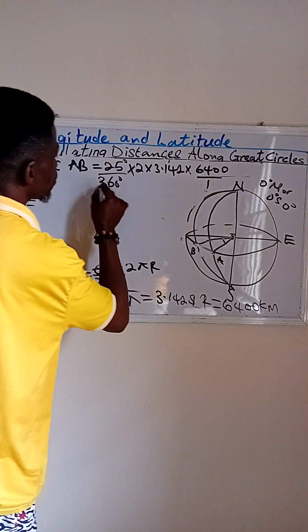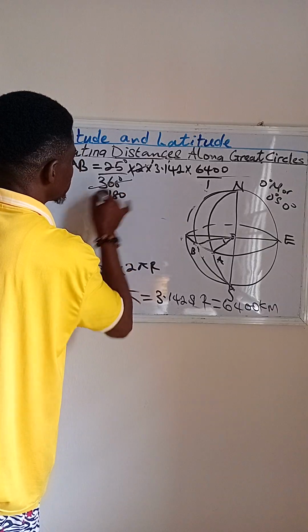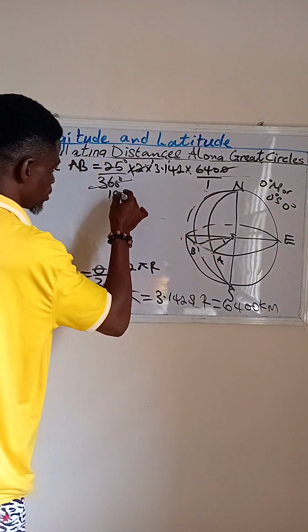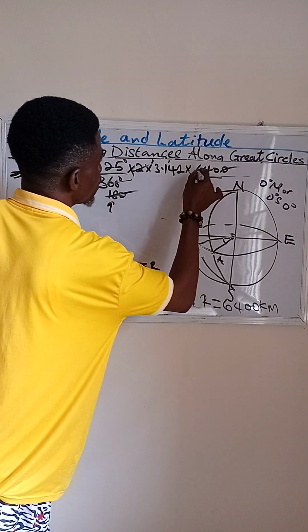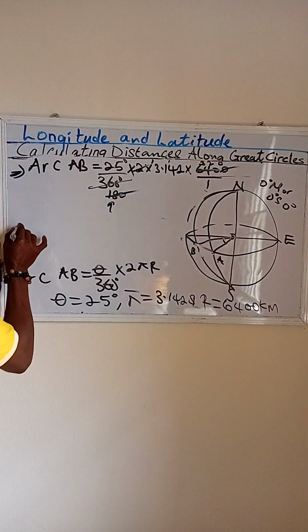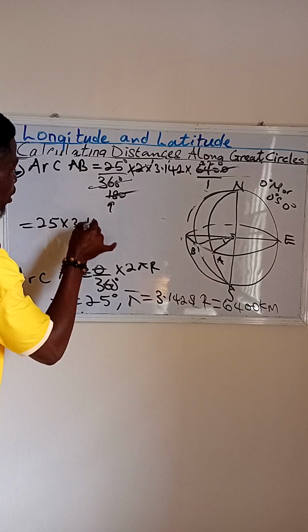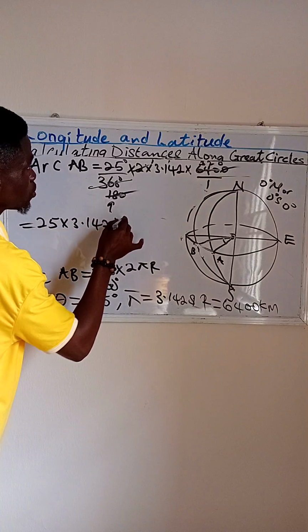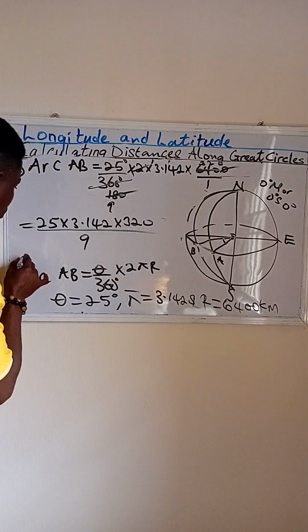Okay, so something can go in this one. This is 1, this is 180. Then the 0 will go here and here. 2 here will be 9. 2 here will give you 320. So we have 25 times 3.142 times 320, divided by 9. That's it.